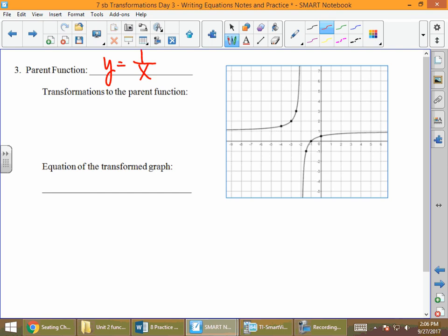But the parent function for 1/x has the points (1/2, 2), (1, 1), and (2, 1/2). And it also has the points (-1/2, -2), (-1, -1), and (-2, -1/2). So it would look like this.